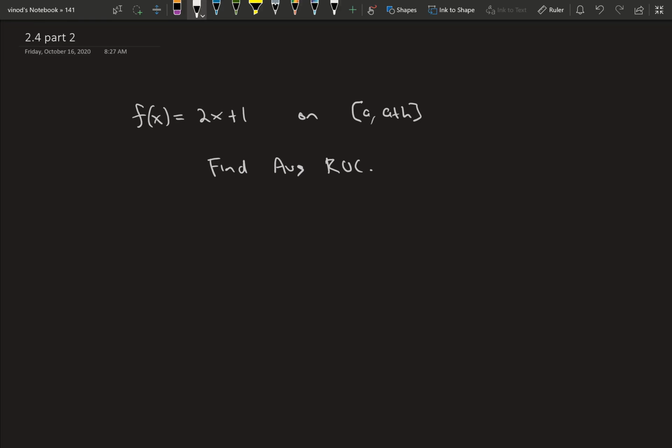Okay, so last time we left off with this exercise to find the average rate of change of the function f(x) = 2x + 1. So what we want to do is compute [f(a + h) - f(a)] divided by [(a + h) - a].